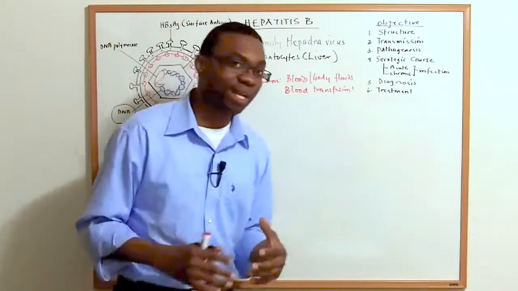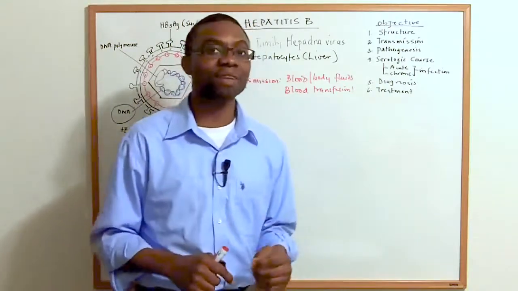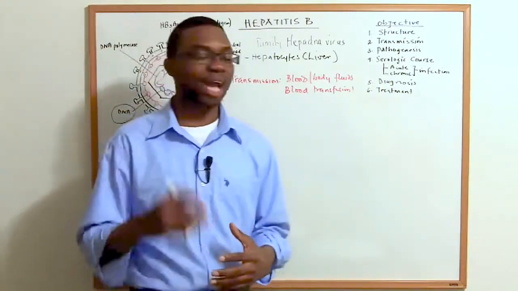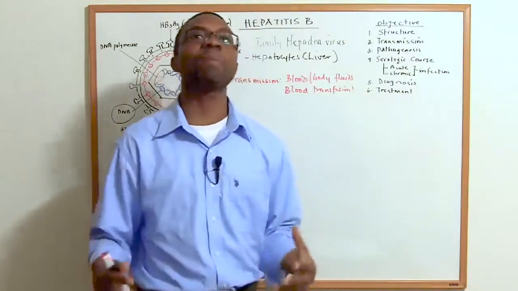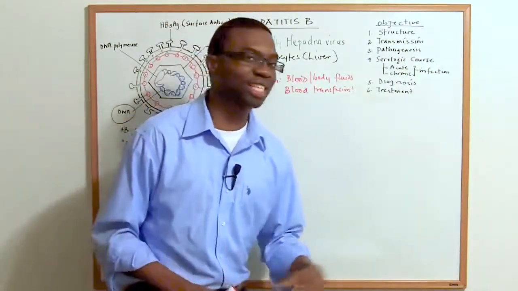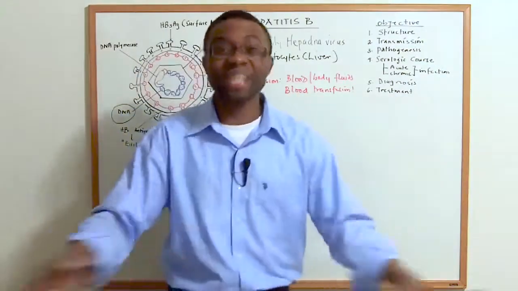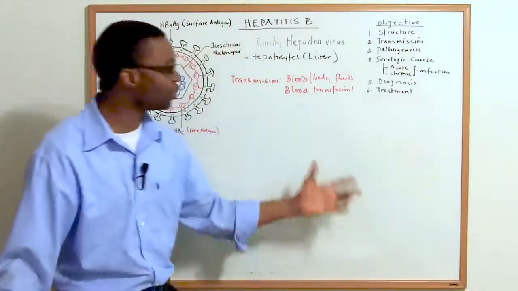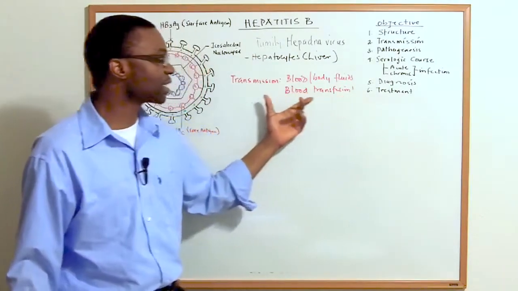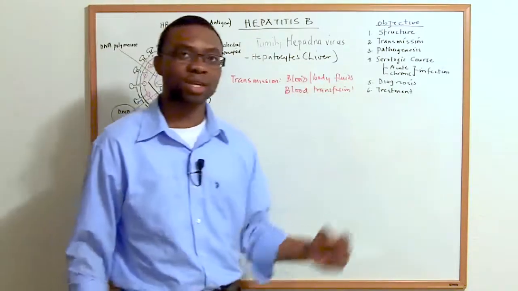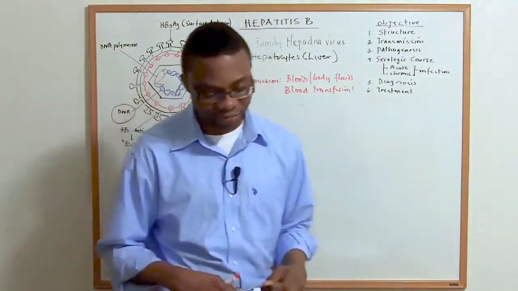And way back in the days, blood that wasn't screened properly might have hepatitis B virus in it. Now today you won't find it as common because blood is screened properly in the hospitals. So the chance of actually getting hepatitis B from blood transfusion today is very, very low. It's almost impossible because we catch it. But if somebody gets a blood transfusion product that's infected, that's how they also get infected.